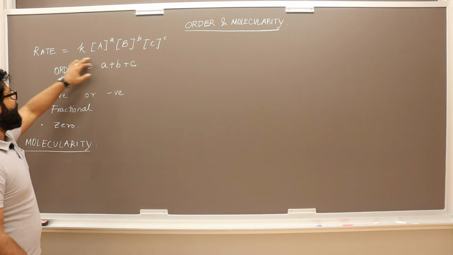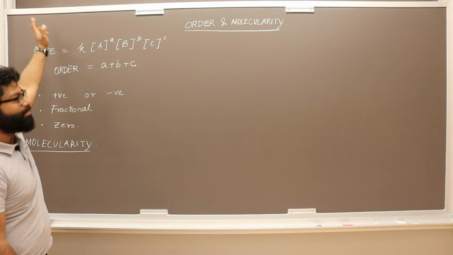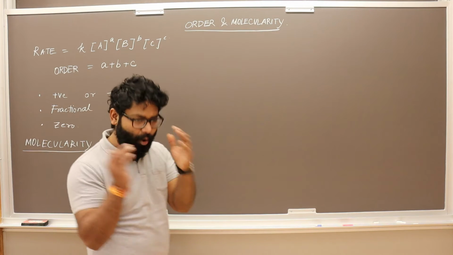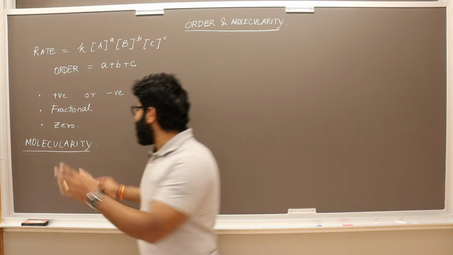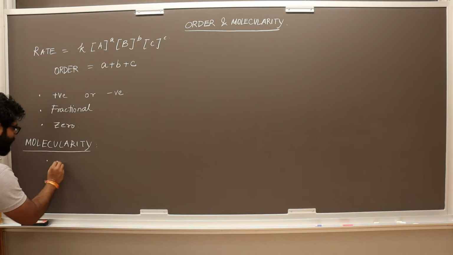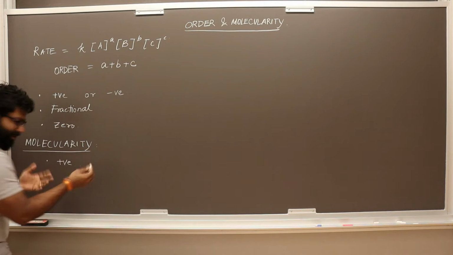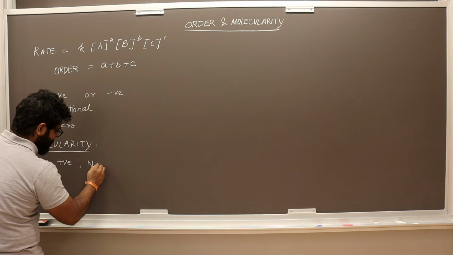Now this was calculated experimentally, right, from some elementary reaction. So molecularity can also be calculated for elementary reactions. And molecularity can only be positive numbers, like natural numbers, right? It has to be positive and it has to be whole numbers, or natural numbers.